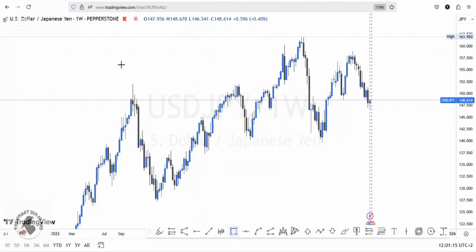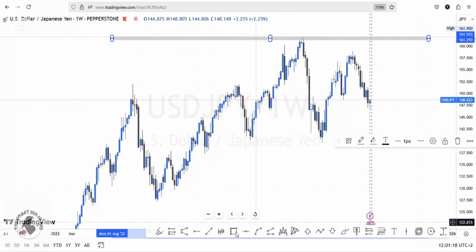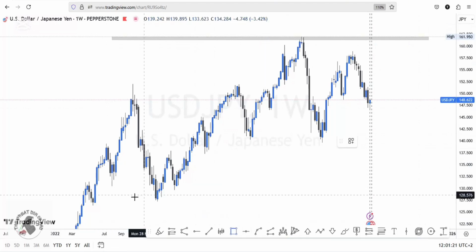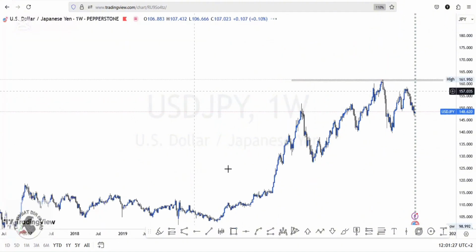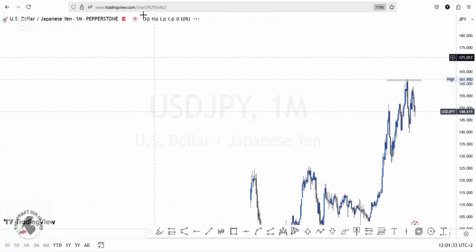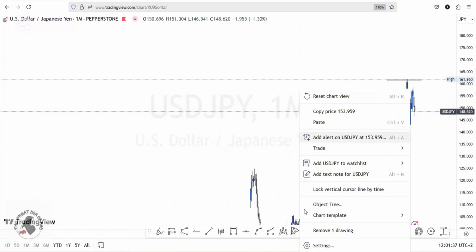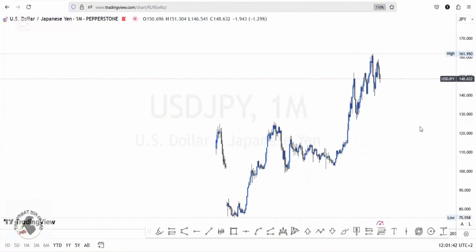I'm just going to highlight my highest point, then come to my current lowest point. On this one, guys, I forgot. Going with the correlation, we need to start with the 1 month time frame. When you analyze currencies, you need to start with 1 month, because there is more movement happening.